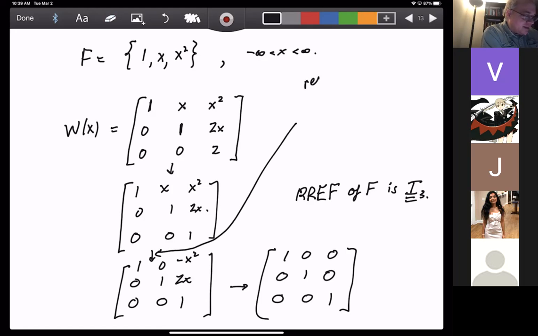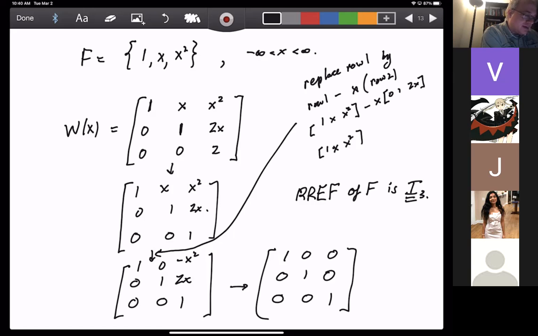I replaced row 1 by row 1 minus x times row 2. So row 1 was 1, x, x squared. Row 2 had entries 0, 1, 2x. So this is 1, x, x squared minus 0, x, 2x squared.